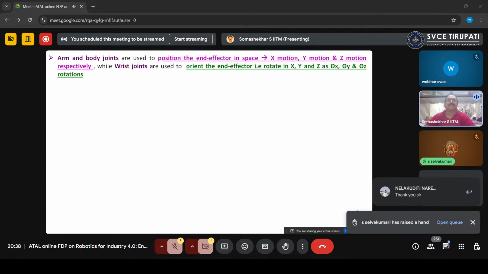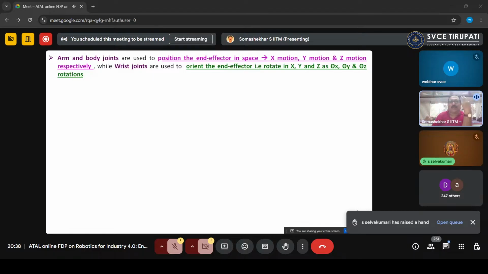Now, how will we understand this? Arm and body motions are used to position the end effector in X, Y, Z. Please see my hand, X motion, Y motion, Z motion, what we will call the major axes. Major axes, it is X, Y, Z motion, arm and body. Similarly, the wrist is there at the end, and the wrist has rotary motion along X, rotary motion along Y, rotary motion along Z, in pitch or roll.